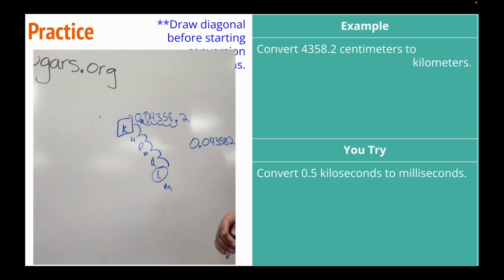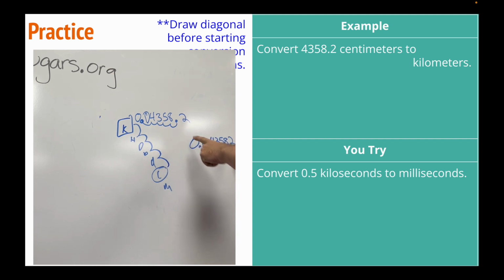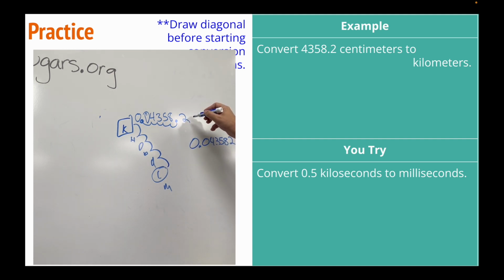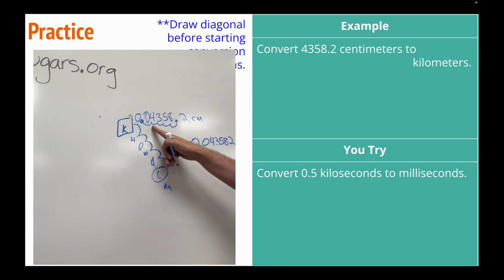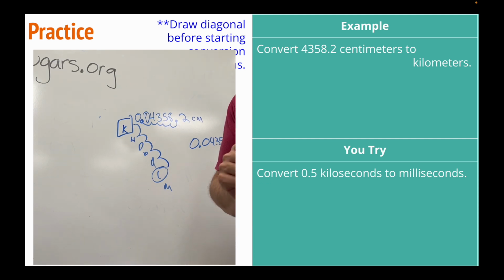Now, what's really important to remember is, notice, did I change any of the numbers? There's still a 4, still a 3, still a 5, still an 8, still a 2. It's just, this is in centimeters, and this is in kilometers. So if you think about this, 0.04 centimeters is like 4 little lines on the ruler.